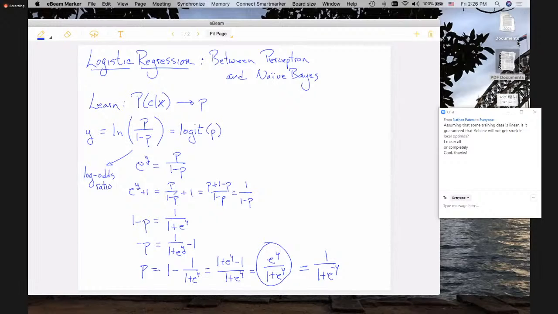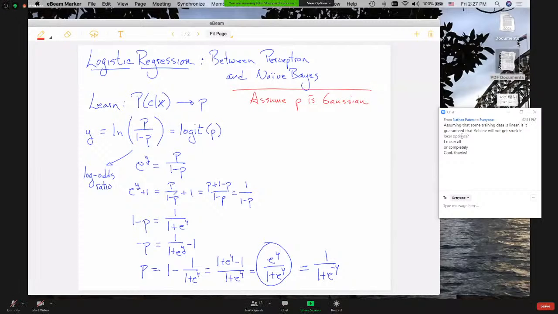At this point, I need to make an assumption. Let's assume P is Gaussian. This is a departure from what we had with naive Bayes, where at least the strict naive Bayes was assuming a multinomial, although we did talk about a Gaussian version of naive Bayes.